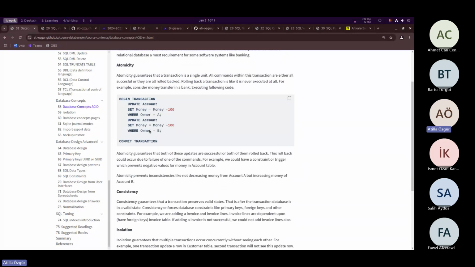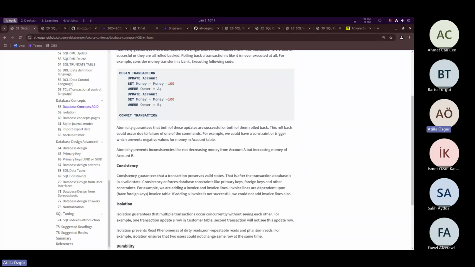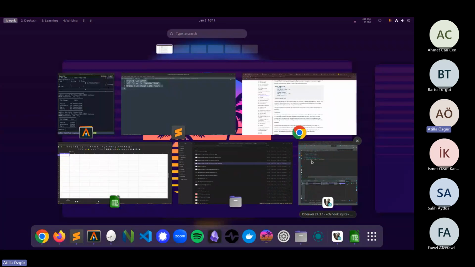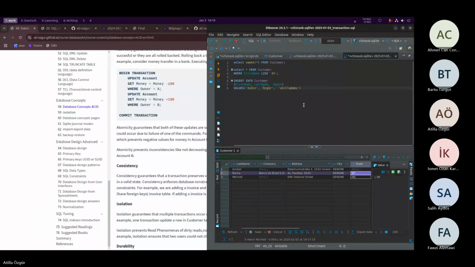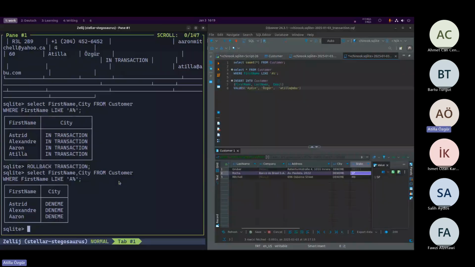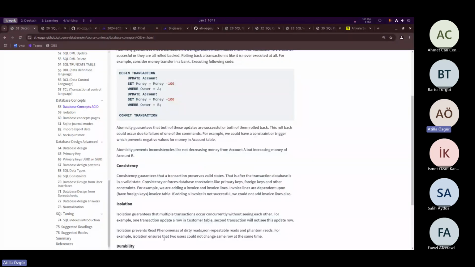Consistency means that if these commands work and are successful, the database will be in a consistent state again. If they fail, they will be rolled back and will again be in a consistent state. Isolation means what I have shown you in this example before: my DB viewer in one session, my SQLite command line in a second session, and both are isolated from each other and their commands work differently from each other.